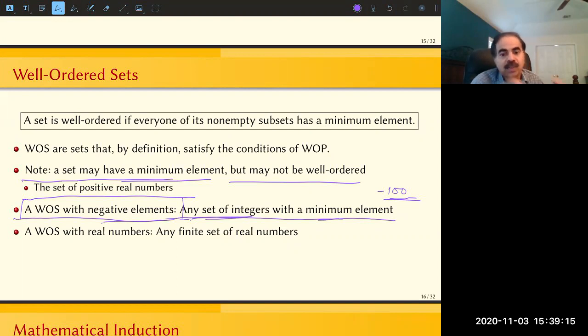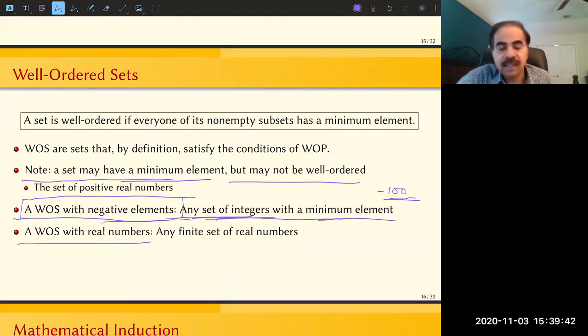Once you have such a set, every subset will continue to have a minimum element, unlike the example of the real numbers that we gave.